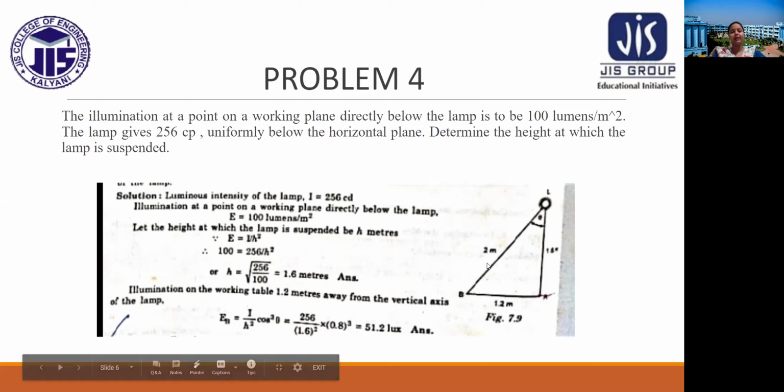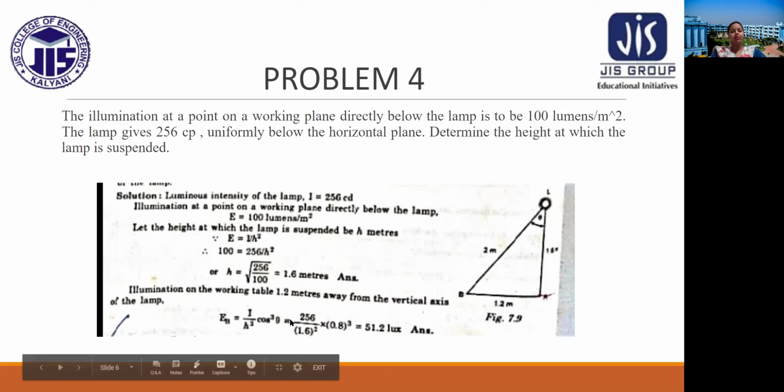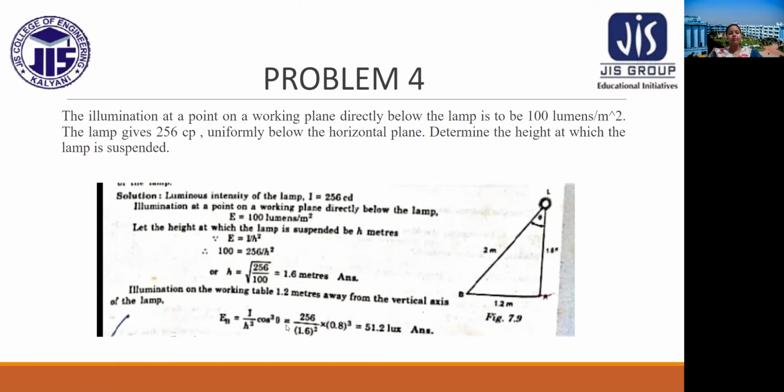So first thing we have to do is find the hypotenuse. So this hypotenuse will be 2 meters, and after that you can find this theta, cos theta. Cos theta will be base by hypotenuse, so 1.6 by 2. So put all these values, I by h square into cos cube theta, and you can find the illumination.